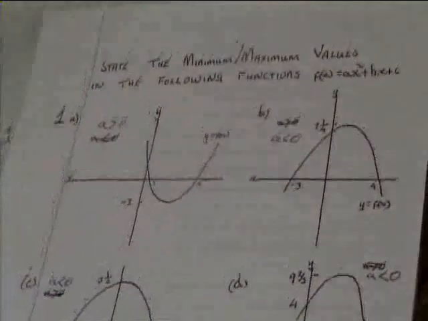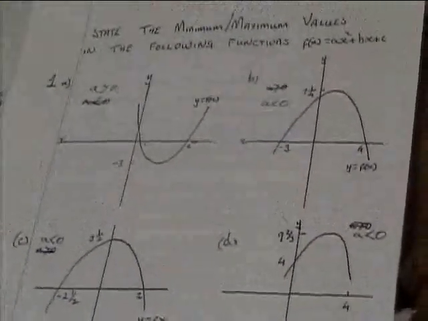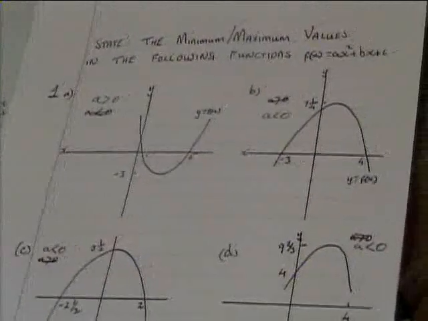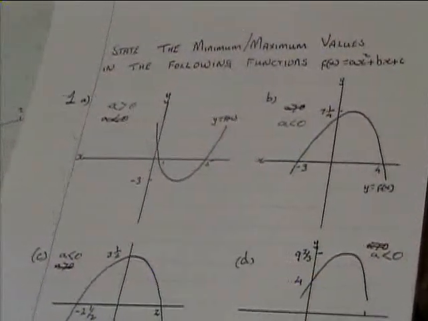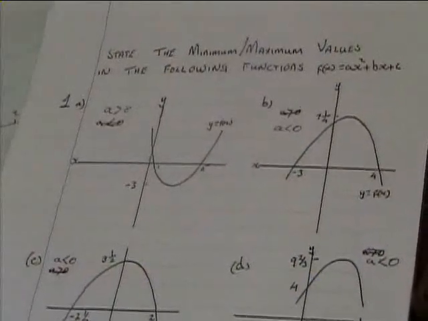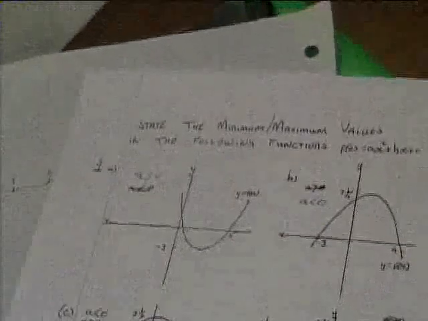Let us take a look at the handout I just gave you. We want to examine if there exists a relationship between the coefficient of x squared, that is, the number in front of x squared, which is the value of a, and the concavity, that is to say, the shape of the parabola, whether it produces a minimum value or a maximum value.